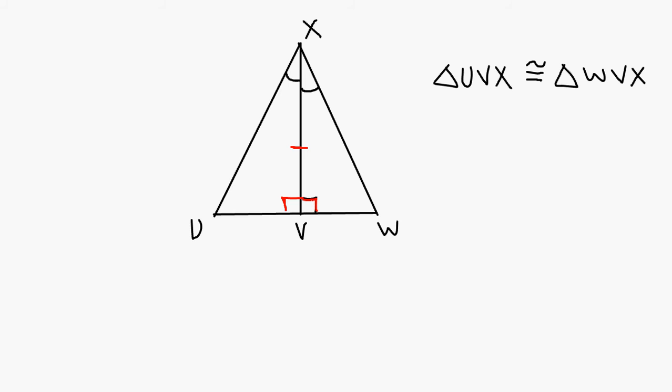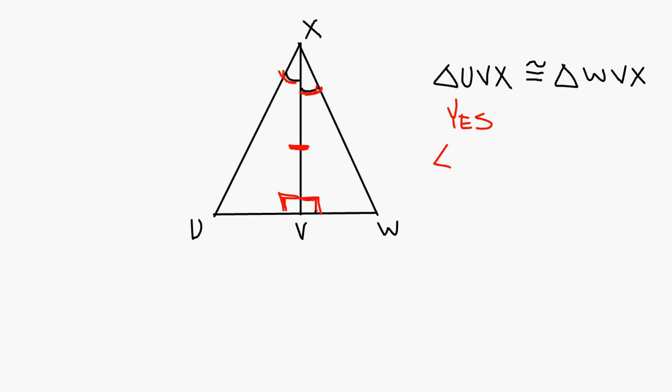So do you have enough information to prove that UVX is congruent to WVX by angle side angle? Do you have an angle, an included side, and an angle congruent to an angle, an included side, and an angle? Yeah. You do. So the answer would be yes. There is enough information.